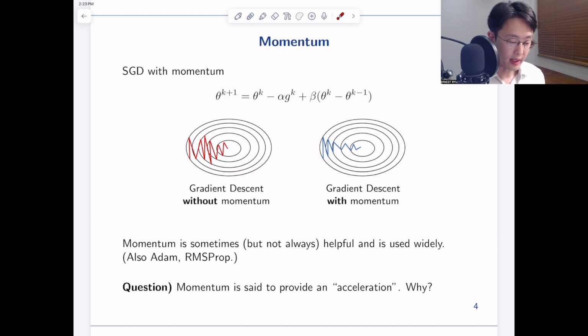And one might think that, well, this illustration kind of gives you the answer, doesn't it? Because without momentum, you oscillate, and with momentum, you pick up momentum and you move more quickly. Well, I describe these figures as a cartoon illustration because I don't really think this illustration gives a fundamentally deep understanding of what's actually going on.